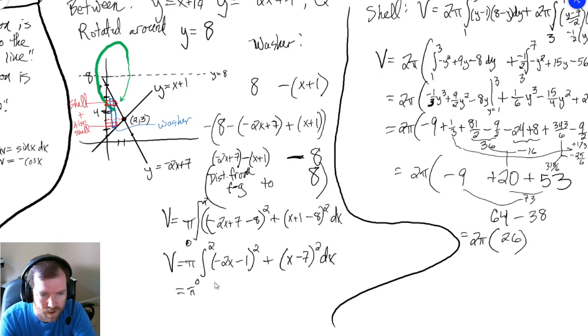That's pi taking the integral from 0 to 2 of 4x squared plus 4x plus 1 plus x squared minus 14x plus 49 dx.